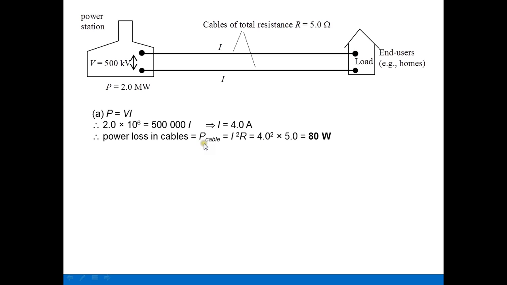Note here that I did not use P equals VI to find the power loss in the cables. Many students use P equals VI or P equals V squared over R and wrongly substitute the value of V here into the equation. They either get back the original power that was supplied or a larger power. This does not make sense because the majority of the power should be consumed at the end user and not in the power cables.